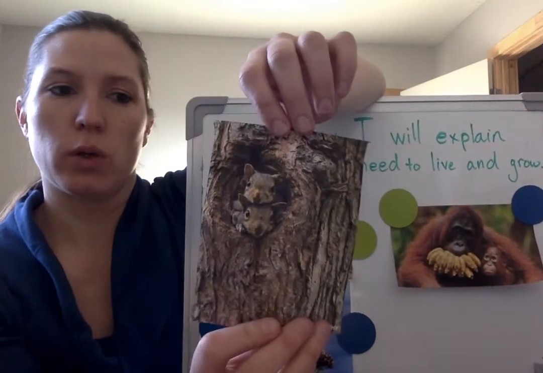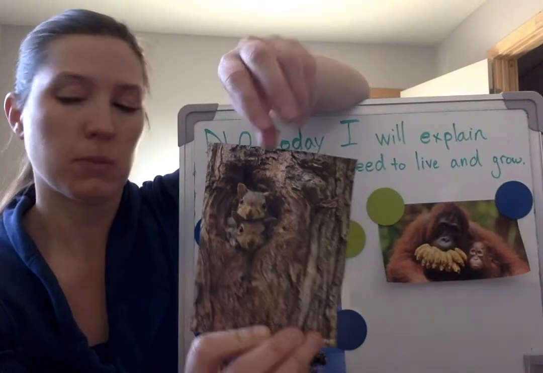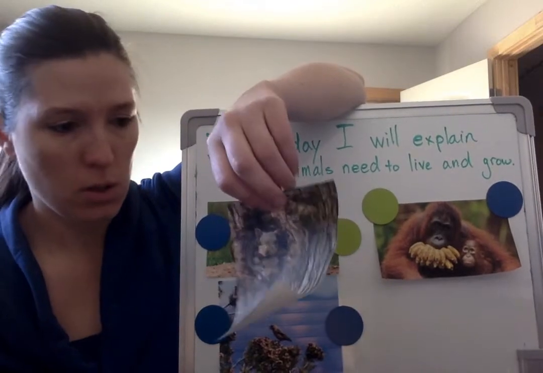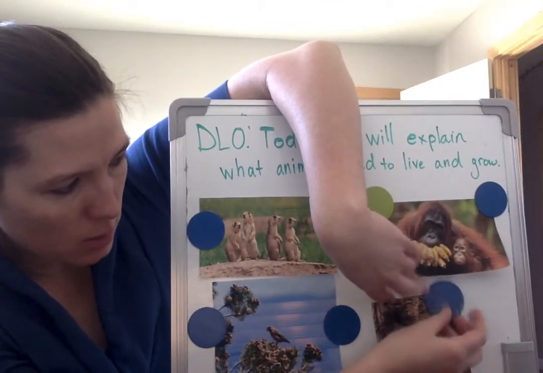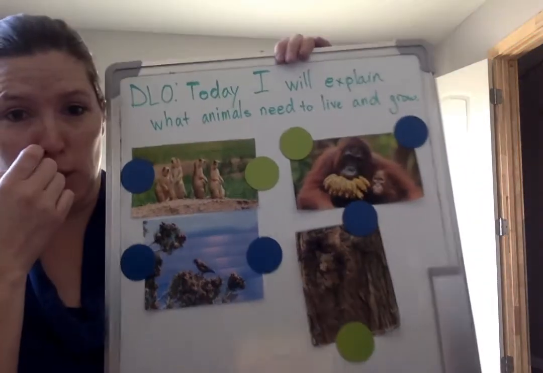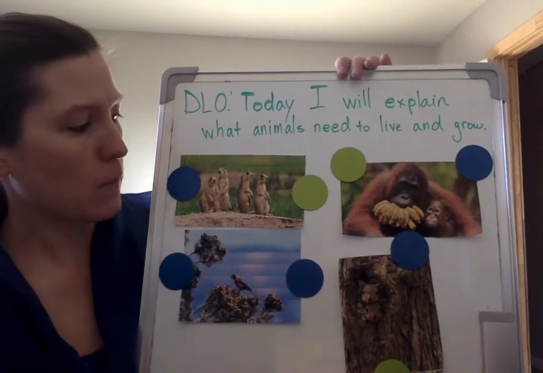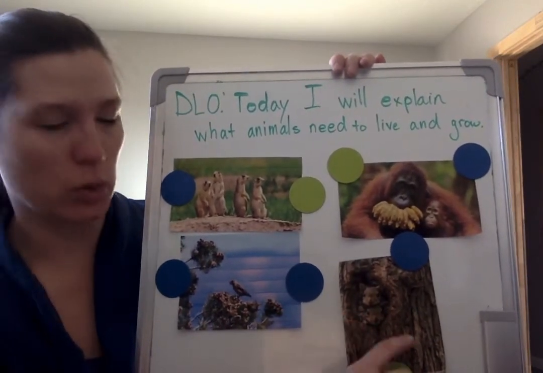Here's some squirrels inside a tree. There's a hint there for you about what else animals need. So take a look at these little animals here. We've got some prairie dogs, a bird in a pinon tree, and we've got a couple squirrels here.